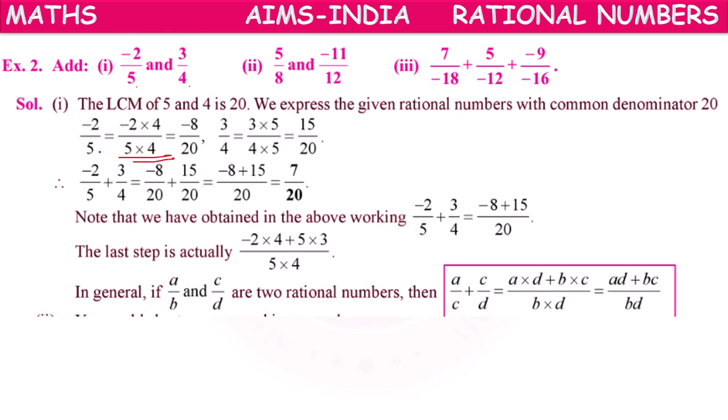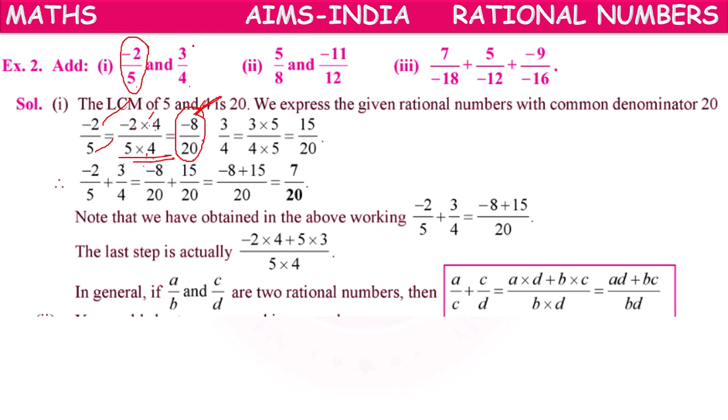But both numerator and denominator, to balance the value, we multiply by 4 by 4. Minus 2 fours are minus 8, 5 fours are 20: minus 8 by 20. This is the first rational number changed.